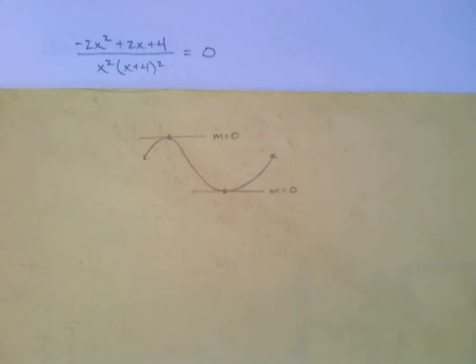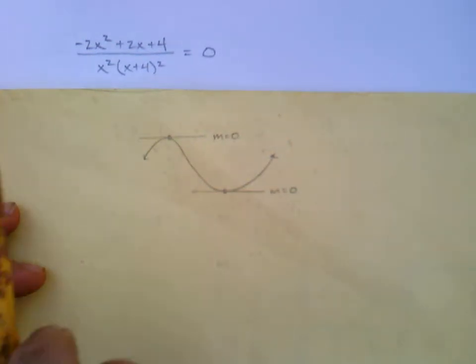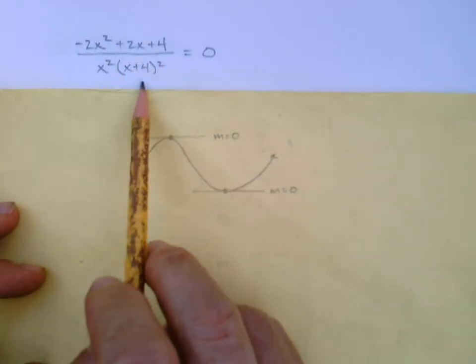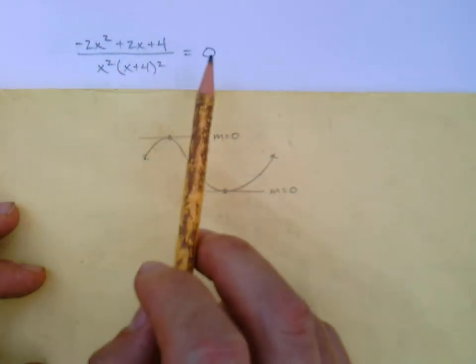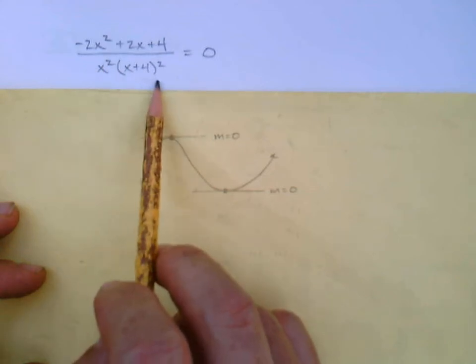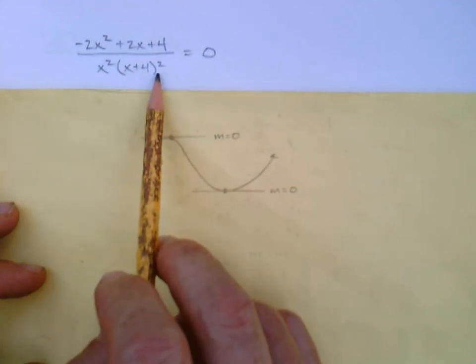Let's go ahead and solve this thing. And it looks like a nightmare. I mean, oh man, we got this rational expression equal to 0. Here's the thing. It's not going to be maybe as bad as you think. Here's how we can start. Notice this denominator. Can't we multiply both sides by this denominator? Multiplying it on the left will cancel it.